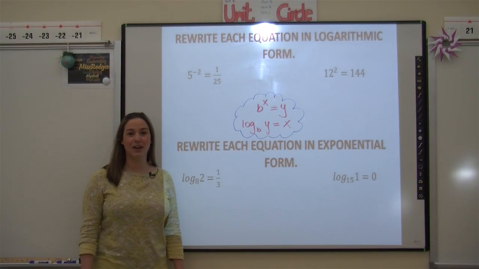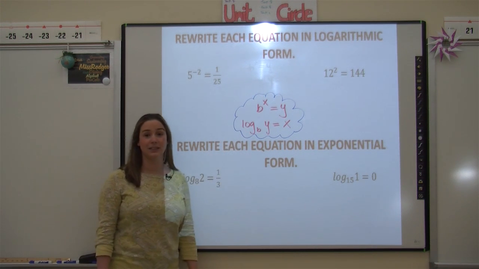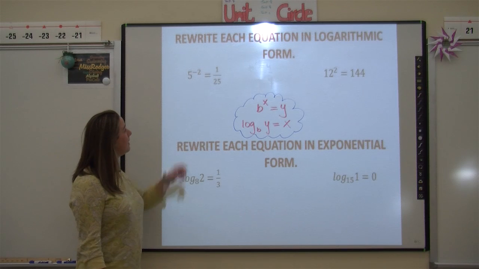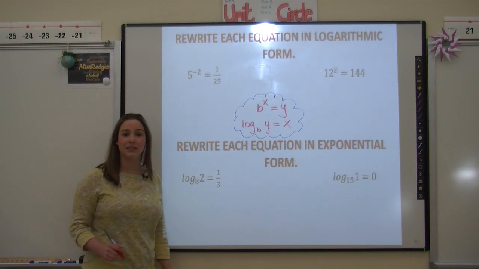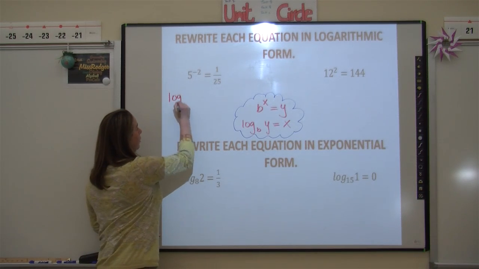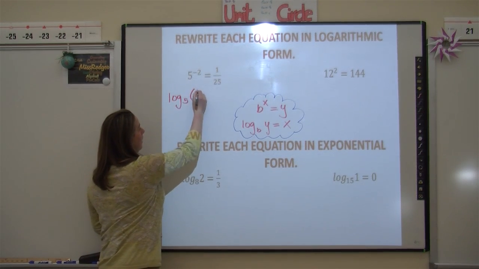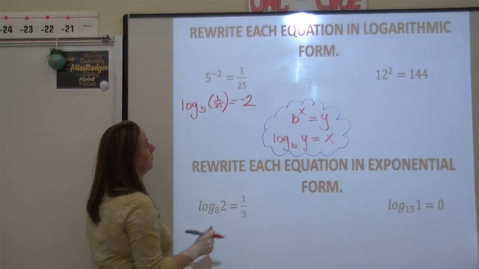Let's practice rewriting equations in logarithmic form and exponential form, using our facts from the previous slides. If I think about 5 to the negative 2 equals 1 over 25, I want to write this in log form. I'm thinking about 5 as my base: log base 5 of 1 over 25 equals negative 2.